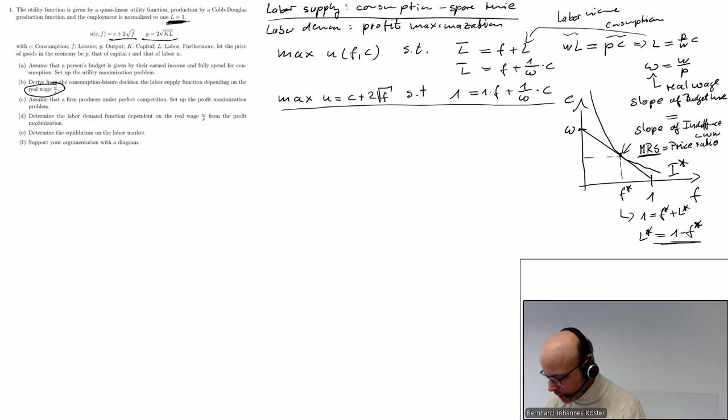So this morning I did it with the direct method, marginal rate of substitution. Let's do it now with another one. Let's do it with the Lagrangian multiplier method. What would be your Lagrange function? Now depending on spare time, consumption, and your Lagrangian multiplier.